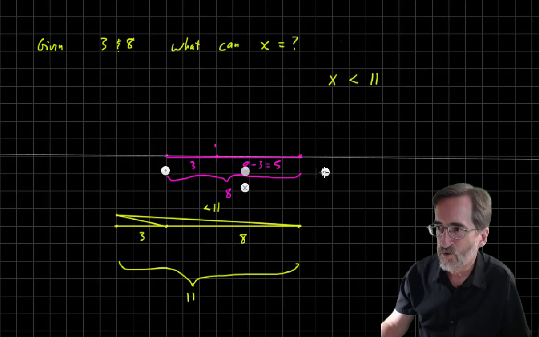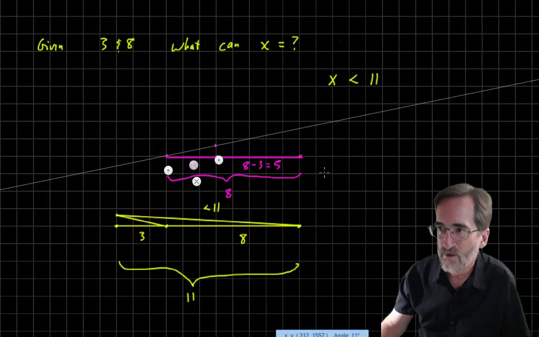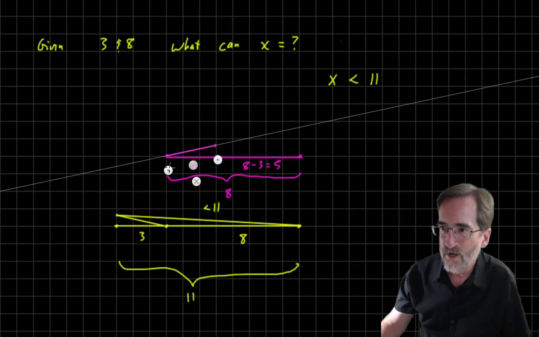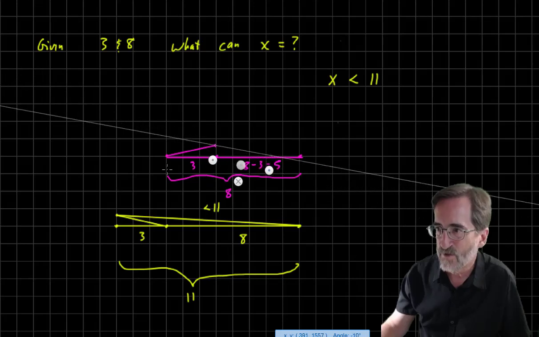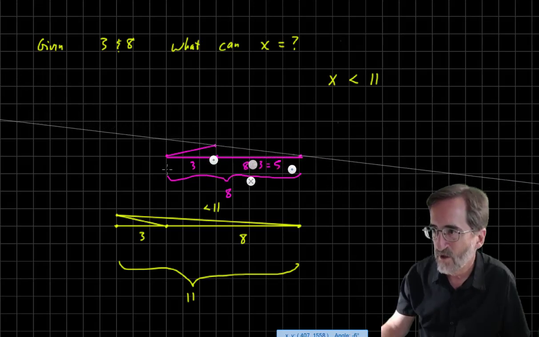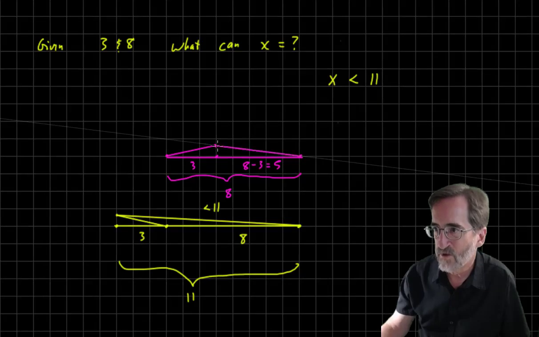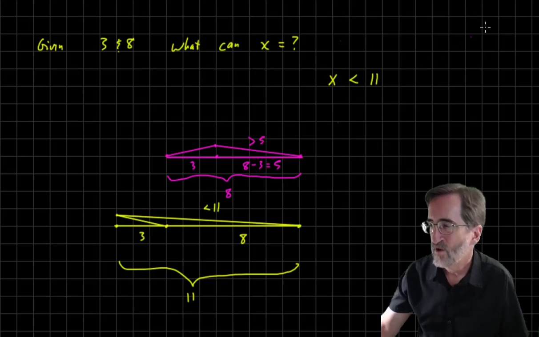Have I made it shorter, or have I made it longer? Hopefully you'll understand by raising that side up, so it's still 3 long here, that I have made the 5 side bigger. So this is bigger than 5. So x is less than 11, but it's also bigger than 5.